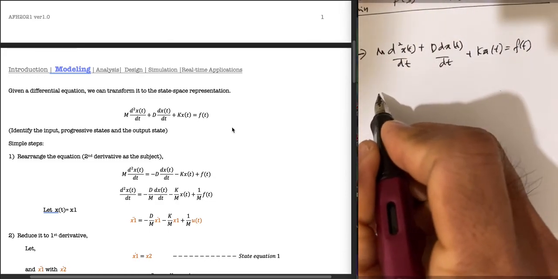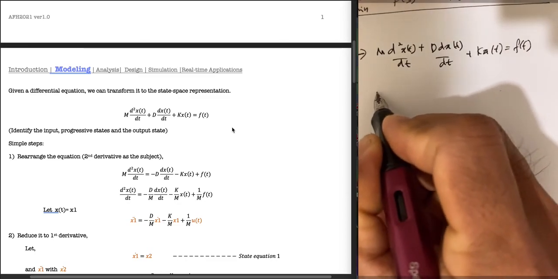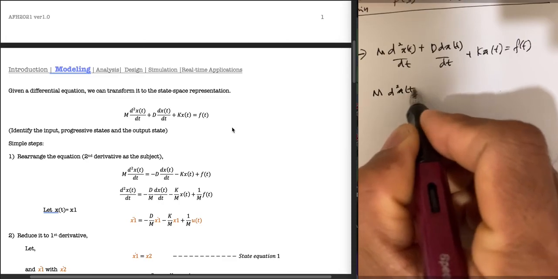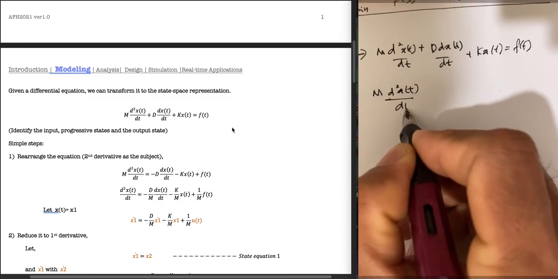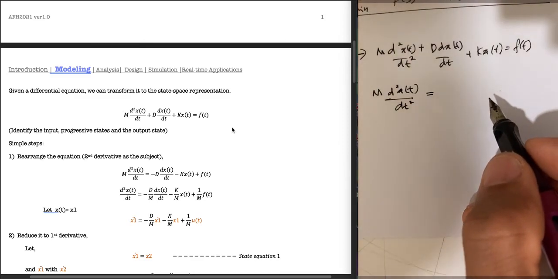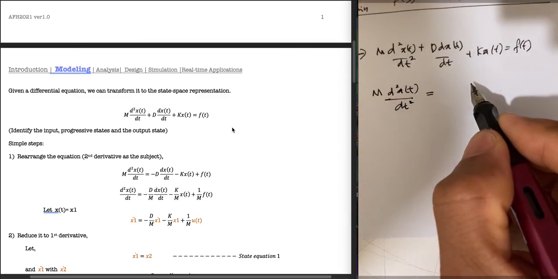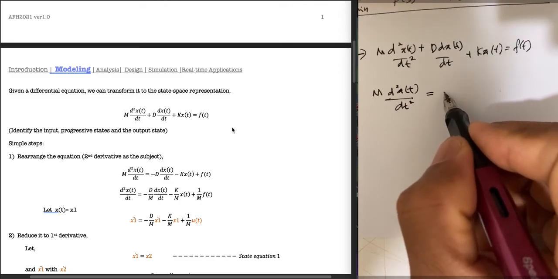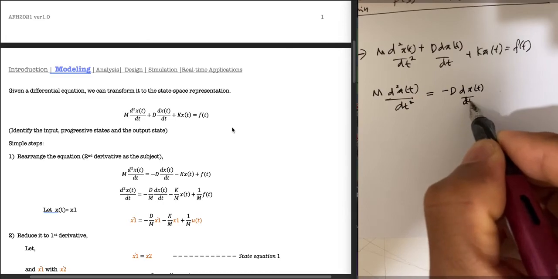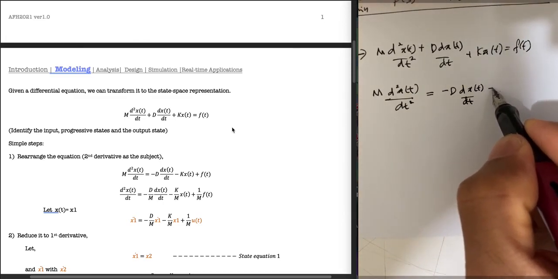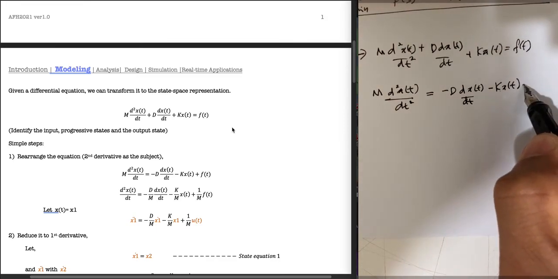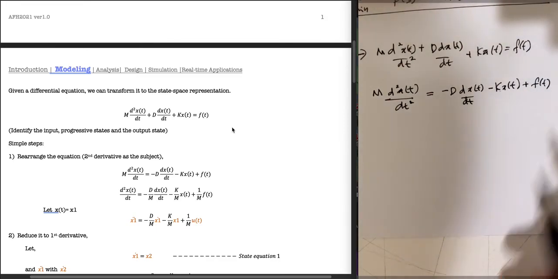So m d squared x of t over dt squared equals minus d dx of t over dt minus k x of t plus f of t.